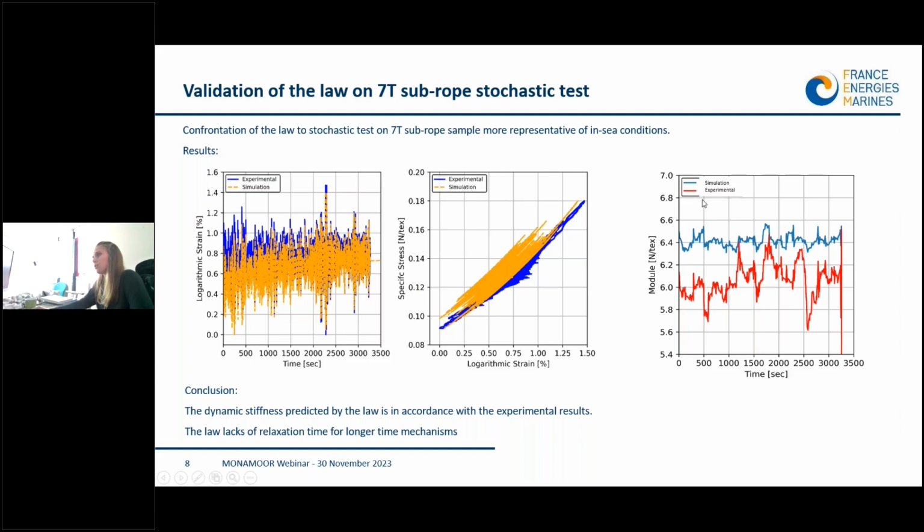What we can see is that the simulation has a good prediction of the dynamic stiffness during the test, but we have some creep that happens during the simulation that we are not seeing in the experimental results. And that is because of the complex history of loading the subgroup had seen.